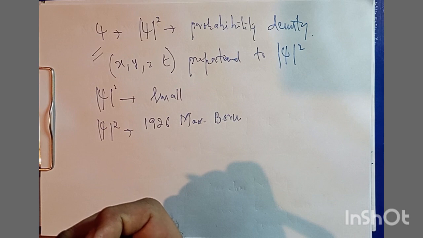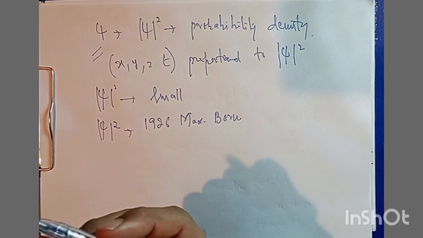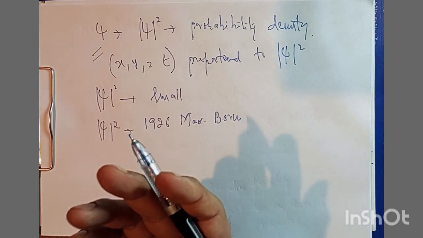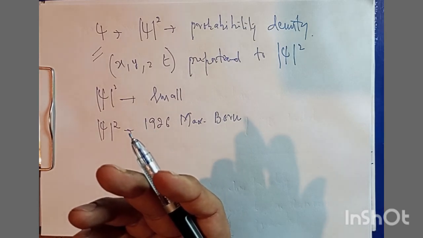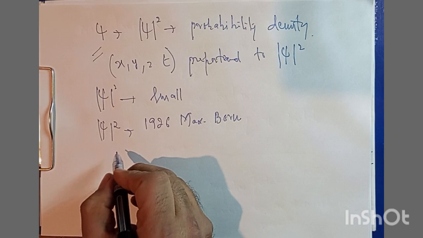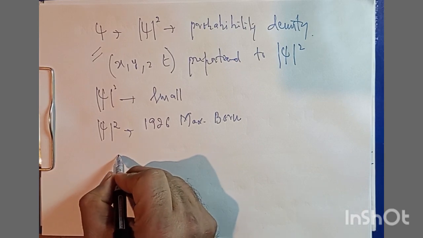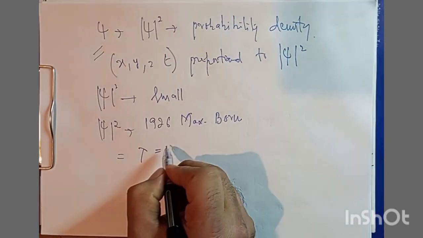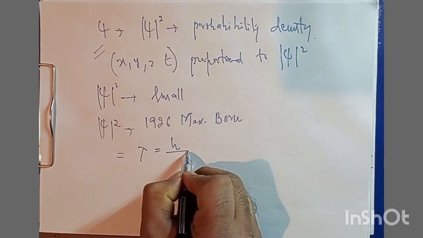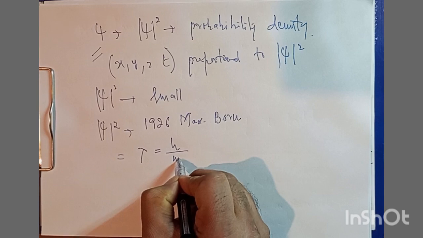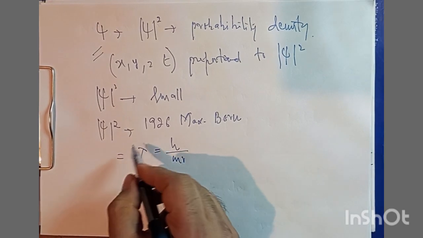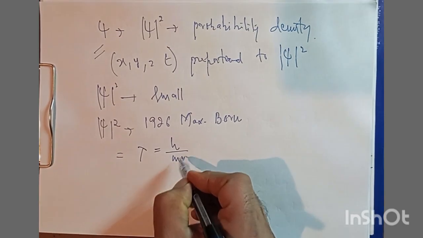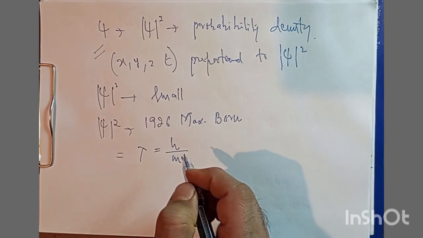Now, if we know the momentum of a particle, say for example, we can find the wavelength of the associated matter wave by using the de Broglie equation. What's that equation? That is lambda is h by mv, where lambda is the wavelength, h is the Planck's constant, and mv is the momentum.